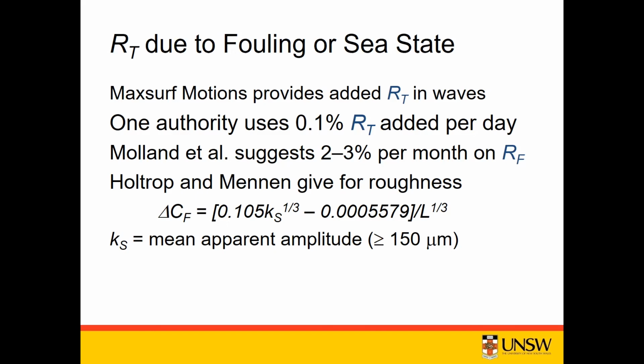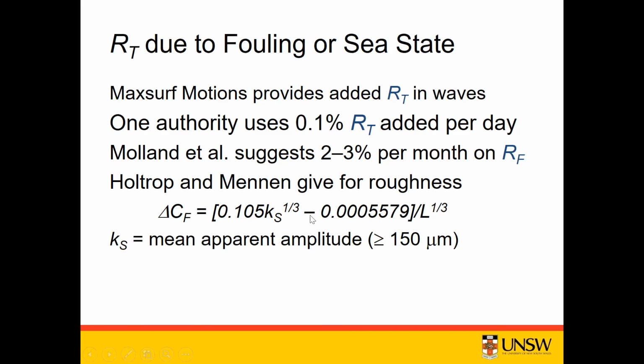Holtrop and Menon, that marvelous series of papers, gave a factor for roughness given by the equation there, the increase in friction coefficient as a function of Ks, which is the hull mean apparent amplitude in micrometers, and depending also on the length of the vessel. You'll see over here, it is actually dependent on length to the 1/3.